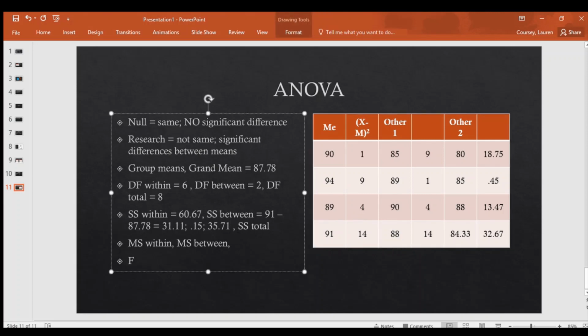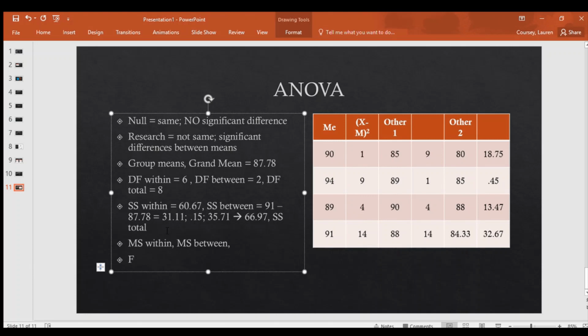And so we want to take each of these values and add them together. So I'd want to add together my 31.11, my 0.15, and my 35.71 to get my total sums of squared between value. So if I do that, 31.11 plus 0.15 plus 35.71, I would get a final sums of squared between value of 66.97.